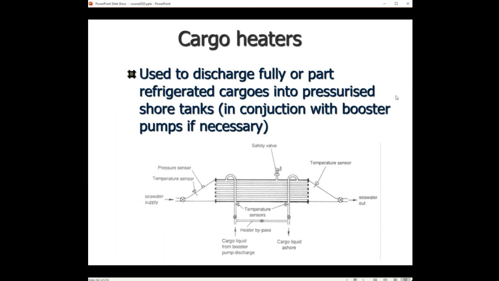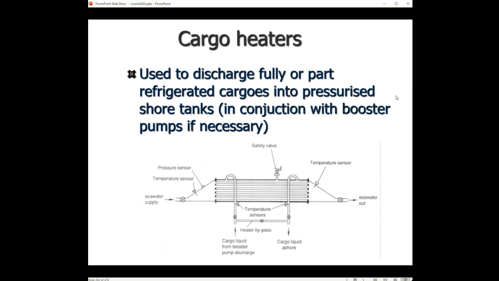So this will happen when the cargo is under a certain pressure. If not, the cargo will evaporate. So that is not the goal of a cargo heater. We have other equipment on board to evaporate the cargo. Here, it is only the goal to warm up liquid without evaporation.